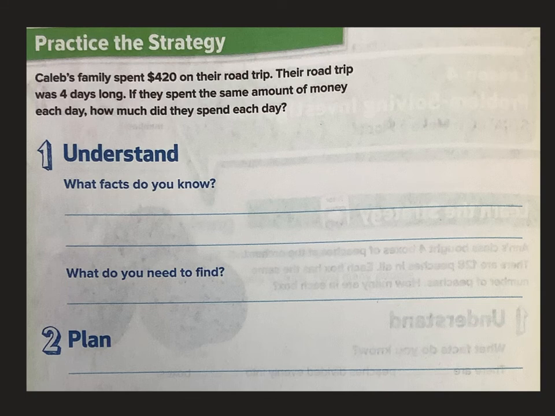Okay, here we go. Caleb's family spent $420 on their road trip. Their road trip was 4 days long. If they spent the same amount of money each day, how much money did they spend each day? So what facts do I know? $420 spent on trip. They were there for 4 days.